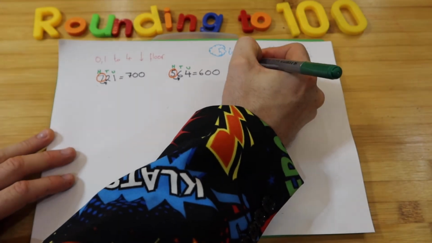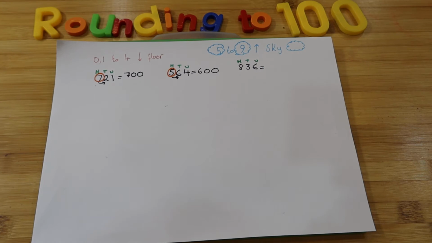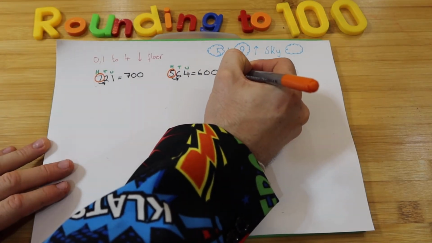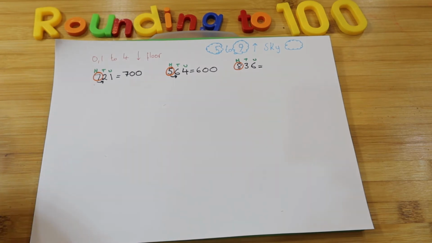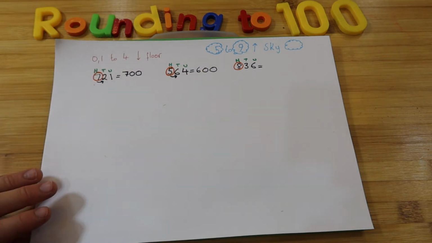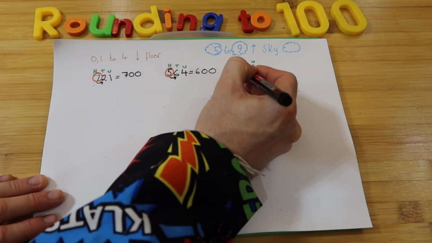We've got the units, tens and hundreds. We're rounding again to the nearest 100, remember, so we need to circle that 100. It's very important you do this every time, because every time you do your workings out like this, you are more likely to get it correct and less likely to make mistakes. Now, what do we need to do? Yes, we need to go next door, to the number before.